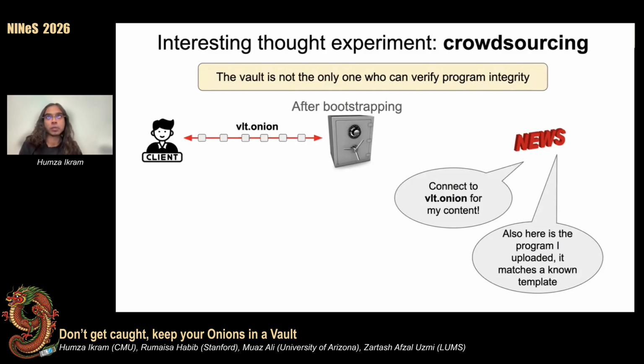And then they're out of the picture for all purposes. When a client later connects, they can check if the program matches a template they expected, like if it's a safe template without any backdoors, for example, or any way to read your private content. And if they're trusted, they can just upload any confidential data they want. They don't need to rely on trusting that the code is correct. They can check it themselves.